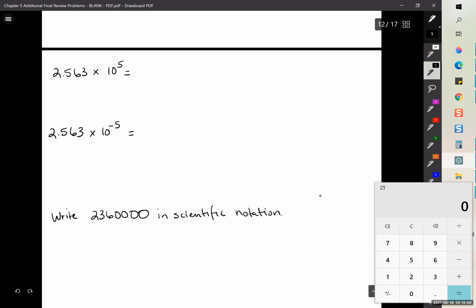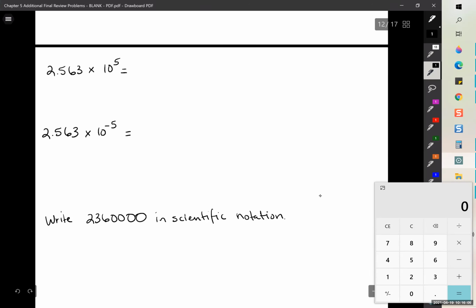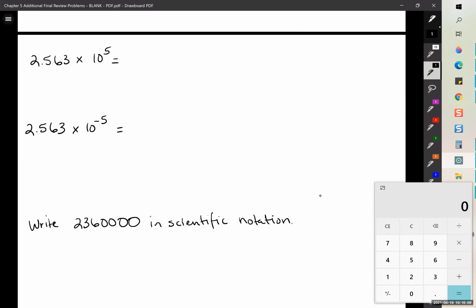Take a moment to rewrite these two expressions out of scientific notation. We know being raised to a positive exponent in scientific notation, when we rewrite it in our normal notation, it should grow to be a larger number.